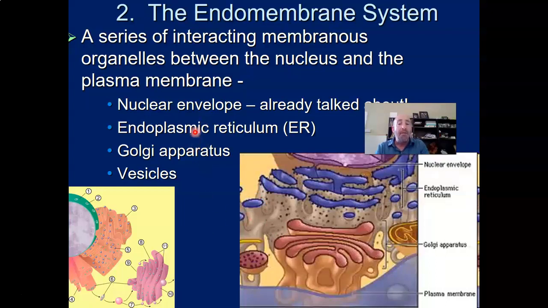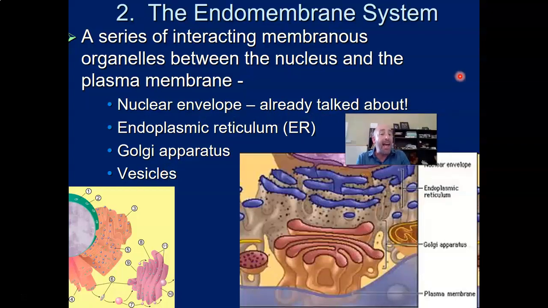I will talk about these three in way more detail over the next few slides. We've already talked about the nuclear envelope, so we're not going to talk about it again. Okay, so we talked about that already. We are going to focus on the endoplasmic reticulum, the Golgi apparatus, and vesicles.